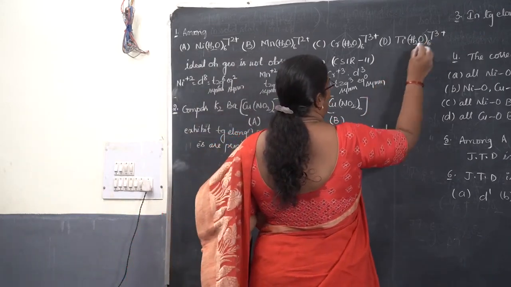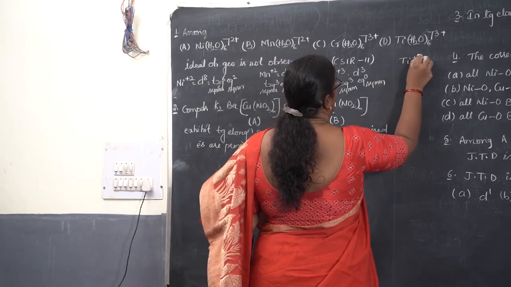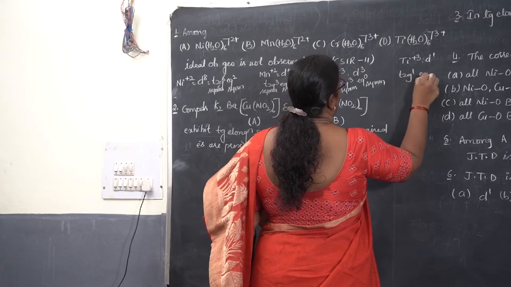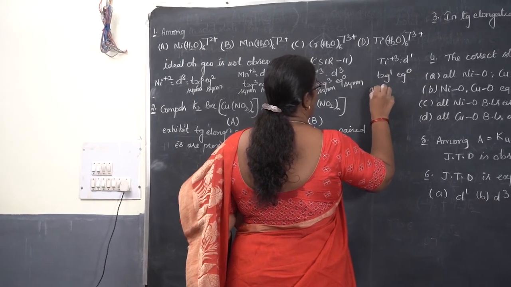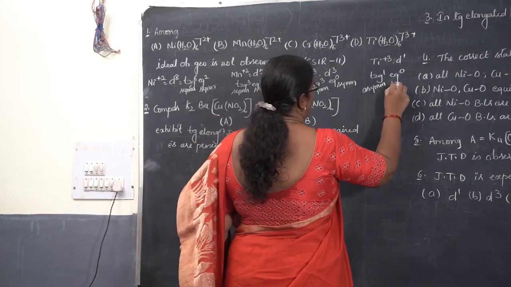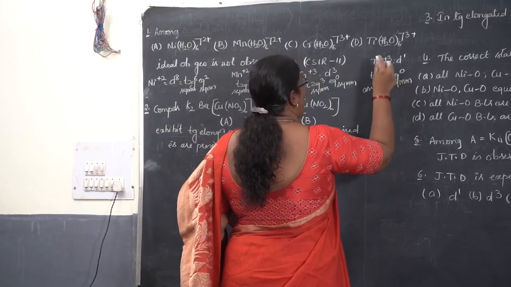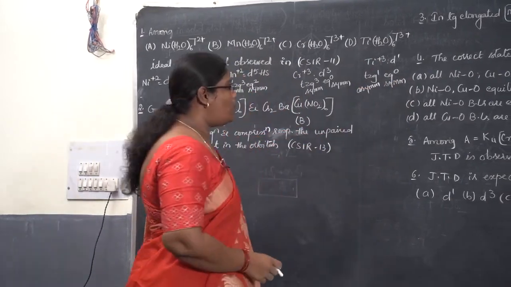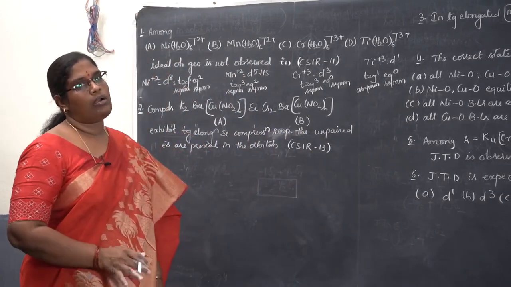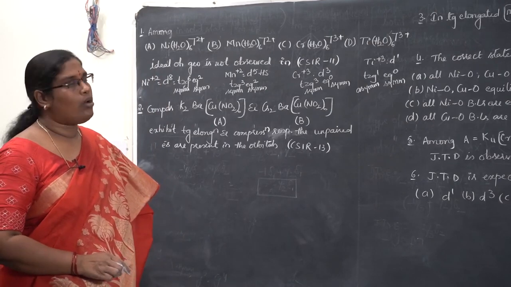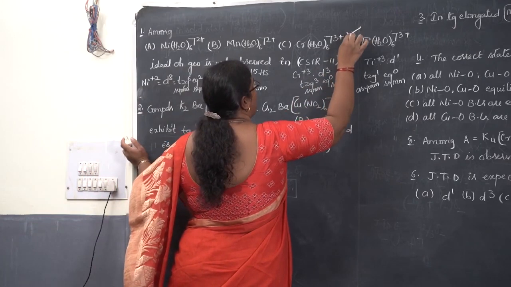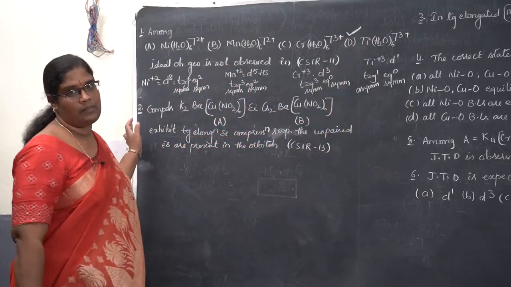Now titanium, it is titanium plus 3, a d1 system. t2g1 eg0. So t2g is asymmetric, eg is symmetric. So the titanium complex undergoes distortion. When distortion occurs, the geometry is not ideal octahedral because of the difference in bond lengths. Therefore, the answer for this is the titanium complex.